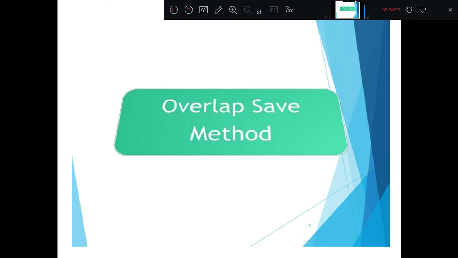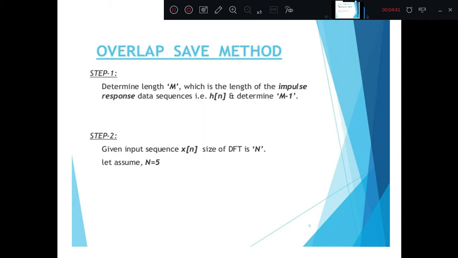Using this overlap save method, how do we perform the linear convolution between the long data sequence and the system response h of n? First we'll discuss the procedure, then later we'll move on to the numerical example, right? So please concentrate.